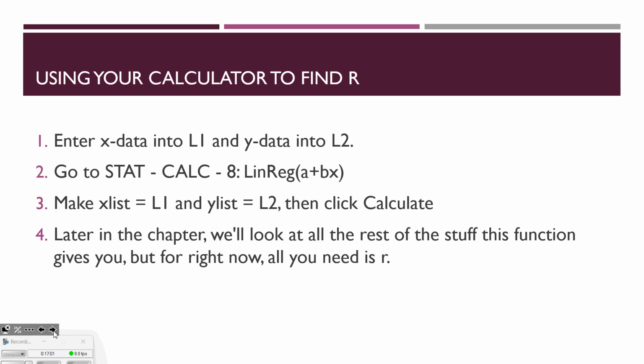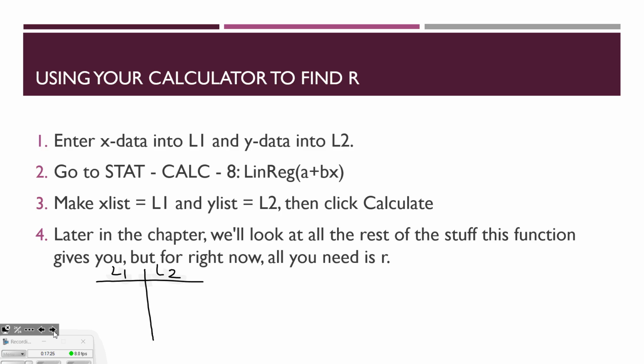Okay, so last but not least, we are going to use our calculator to find the R value. So if you don't already, make sure you have some data in your calculator. I have random data in my calculator right now in L1 and L2, but if you don't have anything in there already, you can just put anything in, okay?